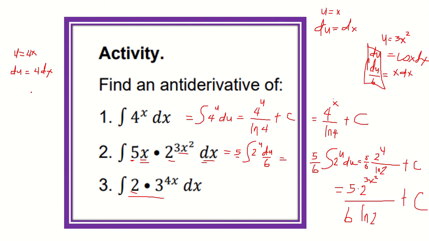So therefore we do this, because 2dx must come out, times 2. So 2dx times 2 is 4dx. So dividing by 2, cancel. So 2dx equals du over 2.